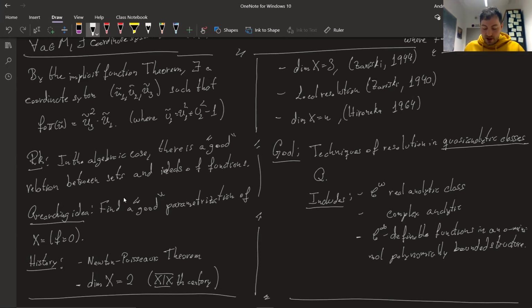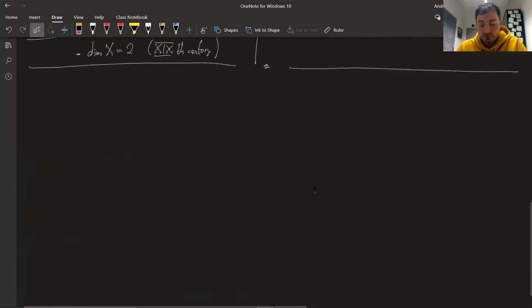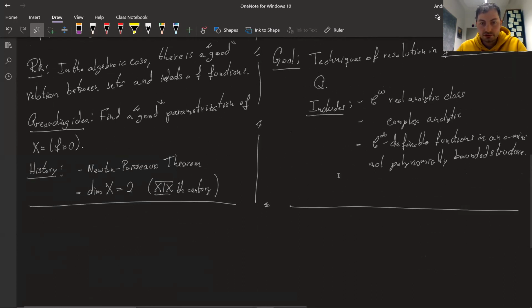And since we have a result that has been quite intertwined with the development of algebraic geometry, we would like to see if it can hold for a more general setting. And the kind of setting that we're going to look at are these quasianalytic classes, which includes all of these examples here and more. So let me briefly talk now about what the techniques are.